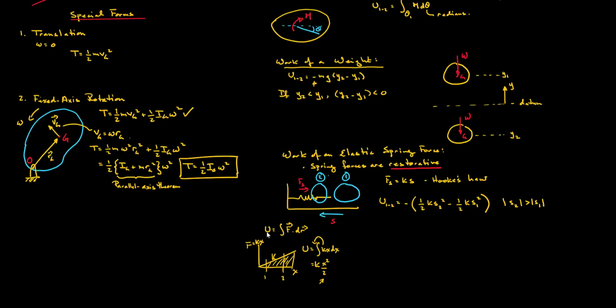And we can express the work of a weight and the work of an elastic spring force in terms of potential energies. You have likely seen this in previous physics courses. Given a datum here, we could say that up here it has potential energy at state 1, and here it has potential energy at state 2.